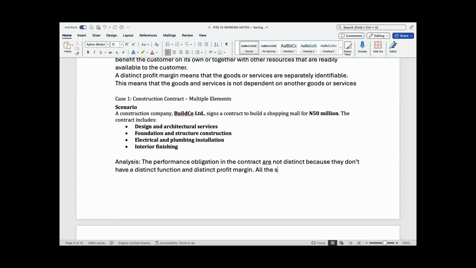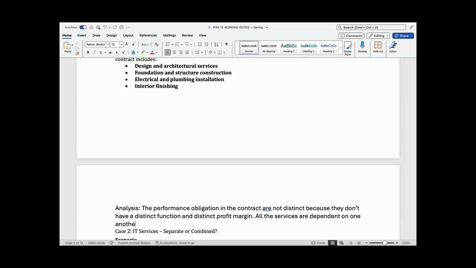All the services in the contract are dependent on one another.